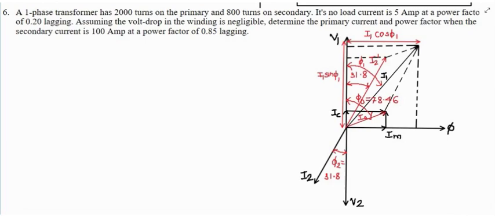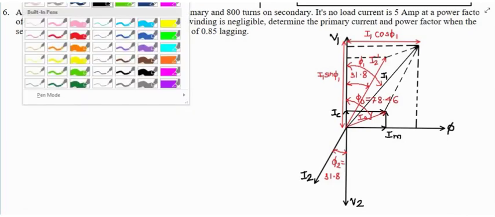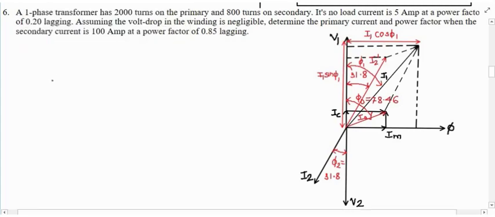And the current direction is such that it will oppose the cause. And what is the cause? The cause is nothing but the flux produced by the primary current. So the secondary current will try to set up a magnetizing MMF equal to the magnetizing MMF of the primary winding.